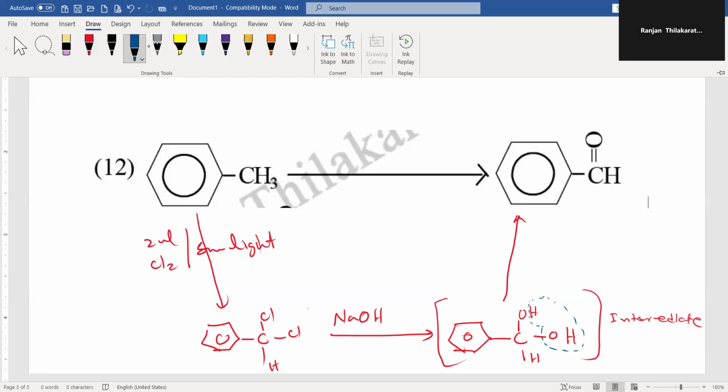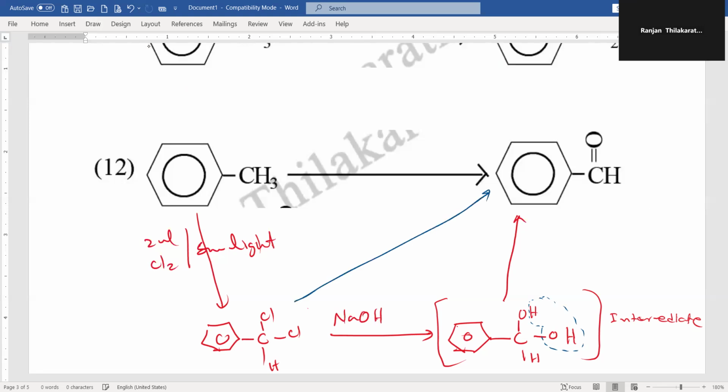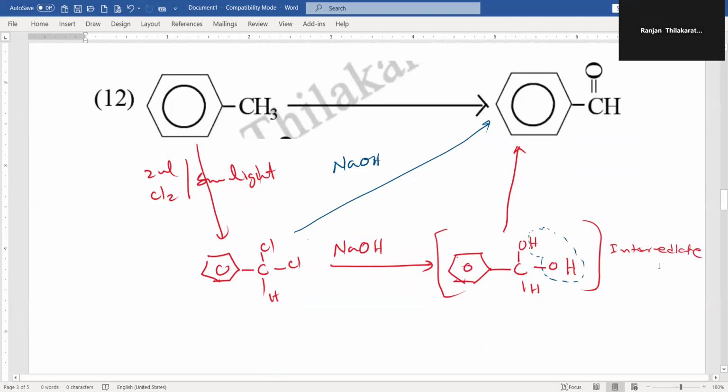Then you will get the product like this, right? But I just wrote this to let you know that having two OH groups on the same carbon is unstable. So it will rearrange. That means a water molecule will be removed. So it is an unstable intermediate, and it will convert into this benzaldehyde. This is called benzaldehyde.